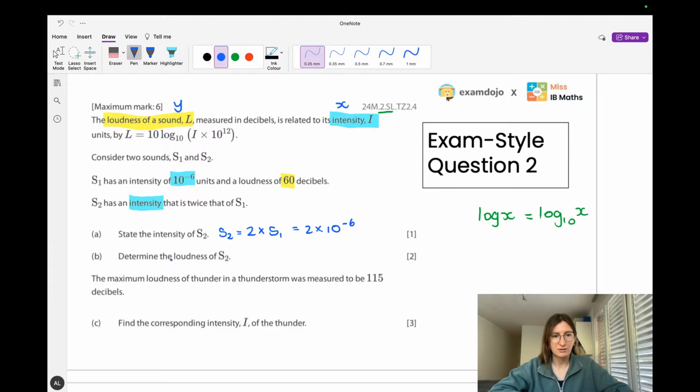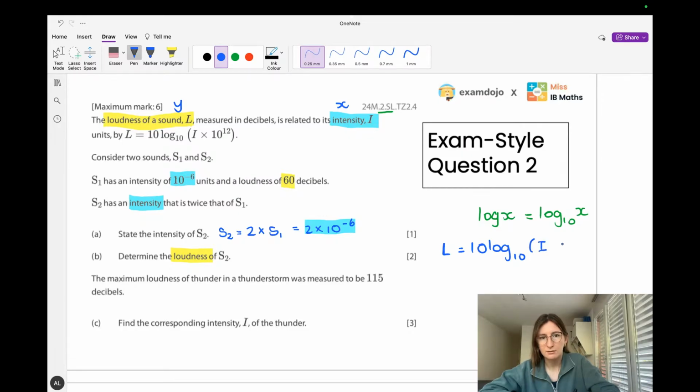Determine the loudness of S2. So we want to figure out if the intensity of the input is this, what is the loudness? So let me go again with that. This is my input, and I now want the loudness, the output. All right, so let me write this equation. We have L equals 10 log base 10 of I times 10 to the power of 12.